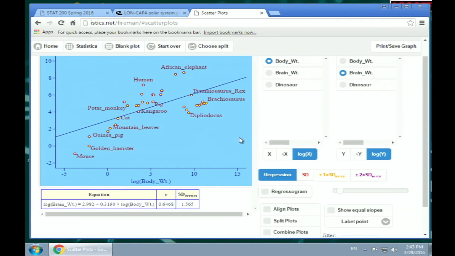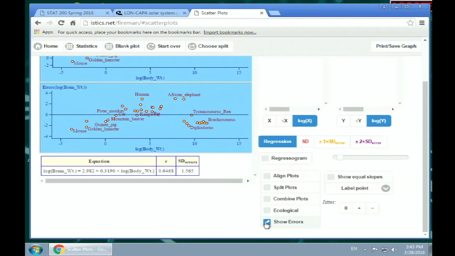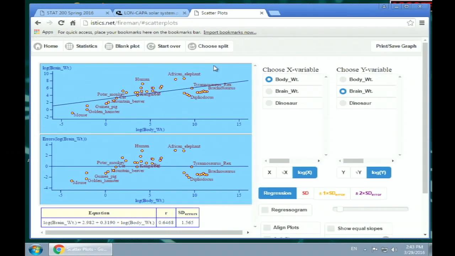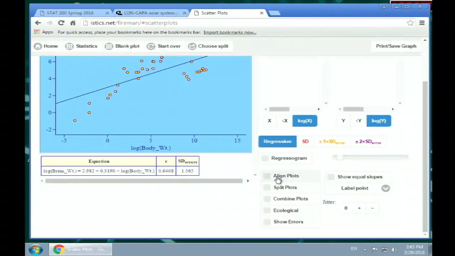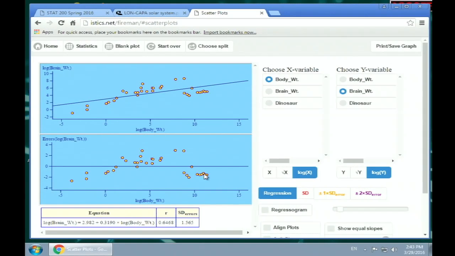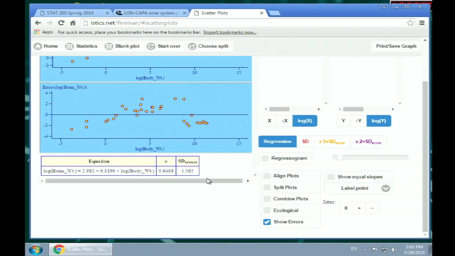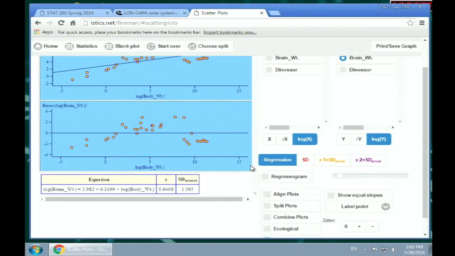So if we look at the regression, the log, and let's look at our residual plots. You can see there's a pattern here. It's not perfect. Why? Do you see that there's really two groups of animals here?